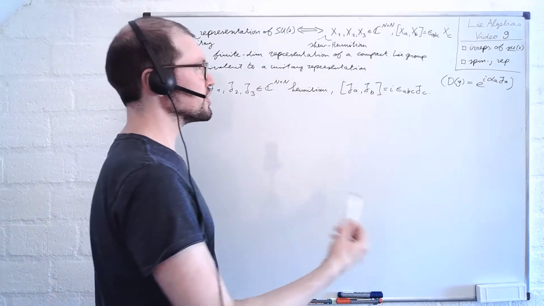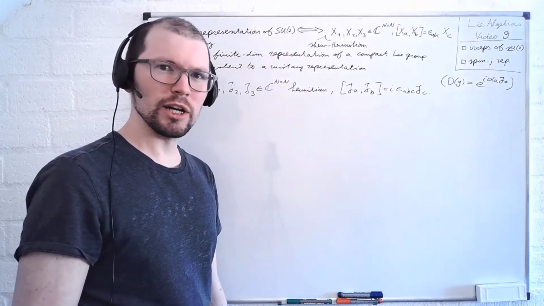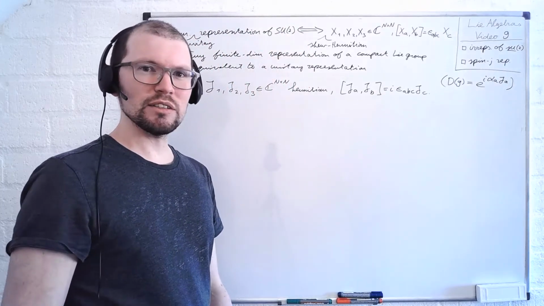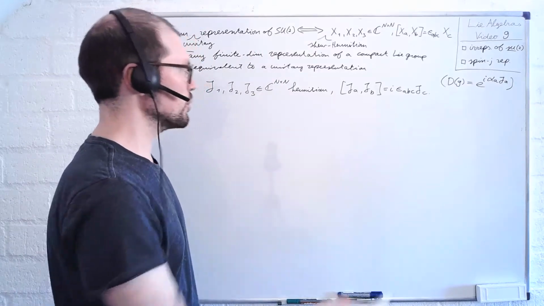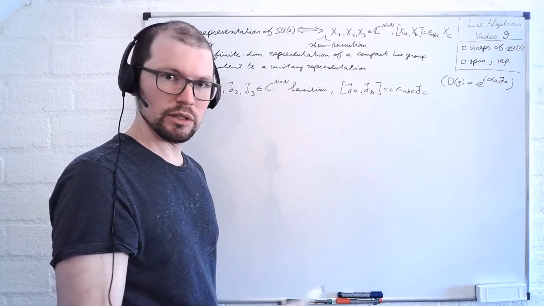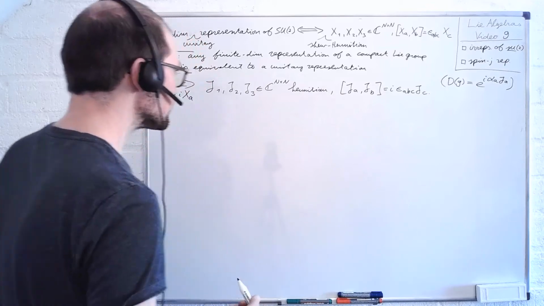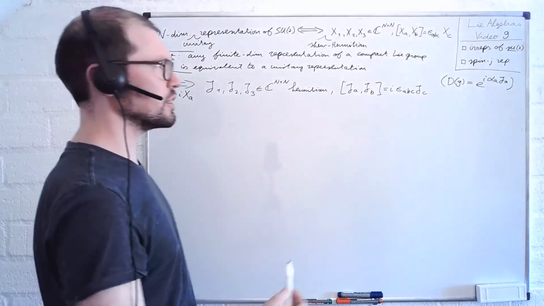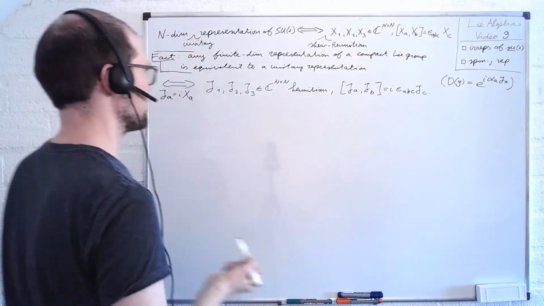And in fact, we will see that SU(2) as a Lie algebra is actually present in all other Lie groups as a subalgebra. So we'll be able to reuse everything that we're doing here today for other Lie groups. In particular for the representation of SU(3) that we'll discuss in a couple of weeks from now.